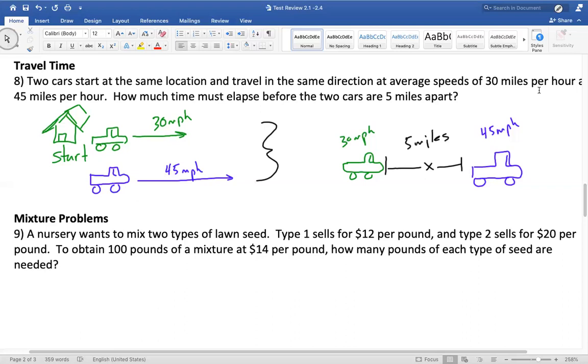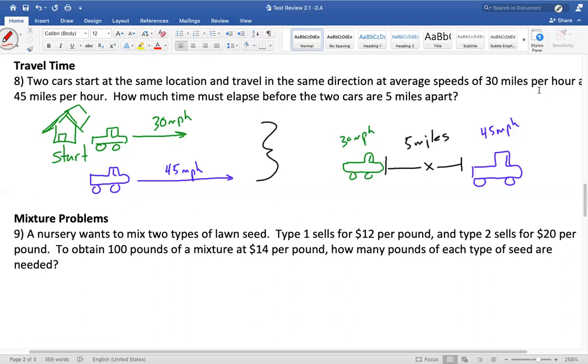So the way I think of it is this way. Well, the blue car is going 15 miles per hour faster. So that's like the green car not going anywhere and the blue car going 15 miles per hour. And when would that distance be equal to 5?